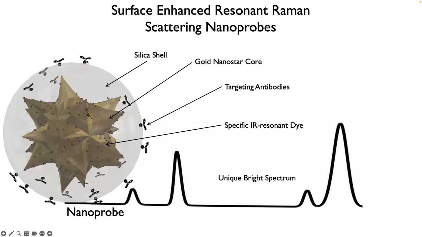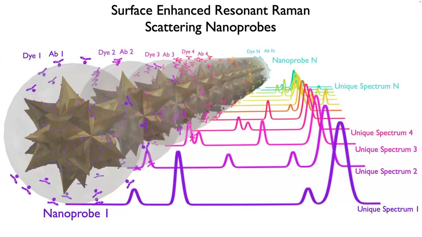This is the whole idea, and we can generalize this and say, okay, if we can do this for one nanoparticle, maybe I can do it for n nanoparticles. If I have a different reporter and a different spectrum for every nanoparticle and a different target, every time I see this purple spectrum, I know I have the purple target. Every time I see the red spectrum, I have this red target, and so on. So I can image many things at the same time.